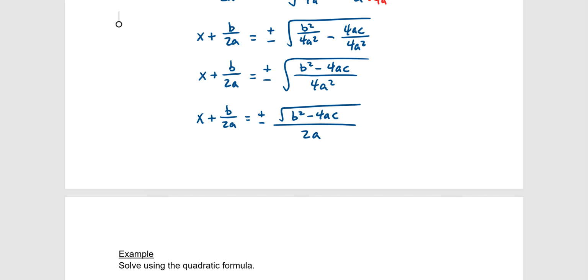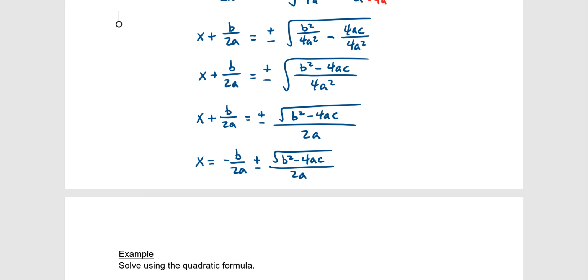Okay, so all we have to do now to solve for x, remember, we're always trying to solve for x, is subtract b over 2a on both sides. We're going to get negative b over 2a plus or minus the square root of b squared minus 4ac over 2a.